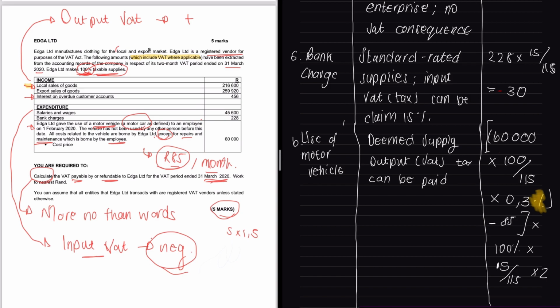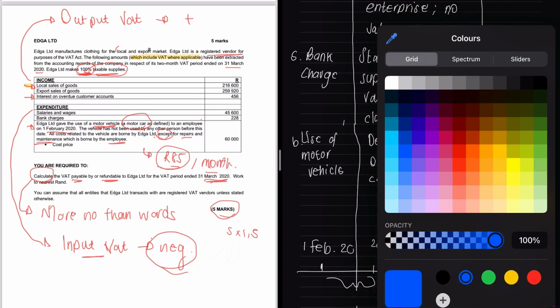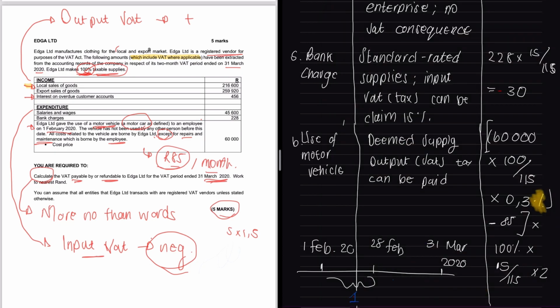Use of the motor vehicle. The employee uses it from the 1st of Feb 2020. You can draw a little timeline for yourself, all the way until 31st of March 2020. 28 Feb, this is 1 month, and this is our 2nd month.